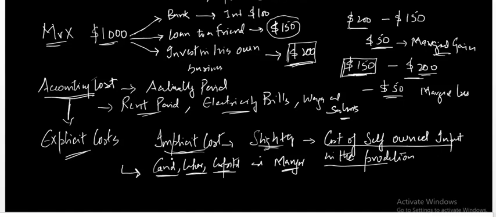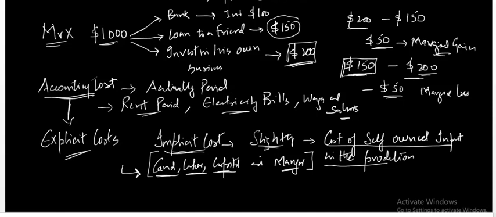Now, if I am using my own assets, my own factors in my own business, and thereby losing amounts that could have been invested in some other business and could have fetched some other amounts, that is known as an implicit cost. Now let me consider an example.